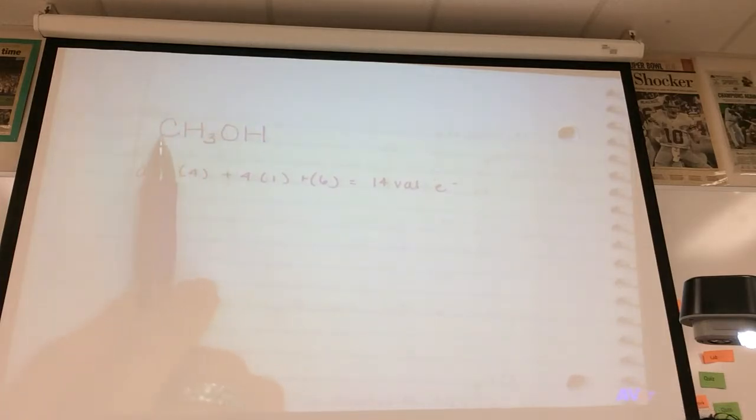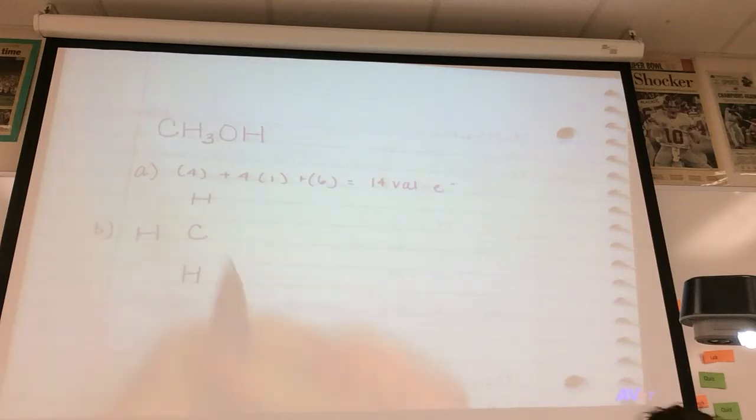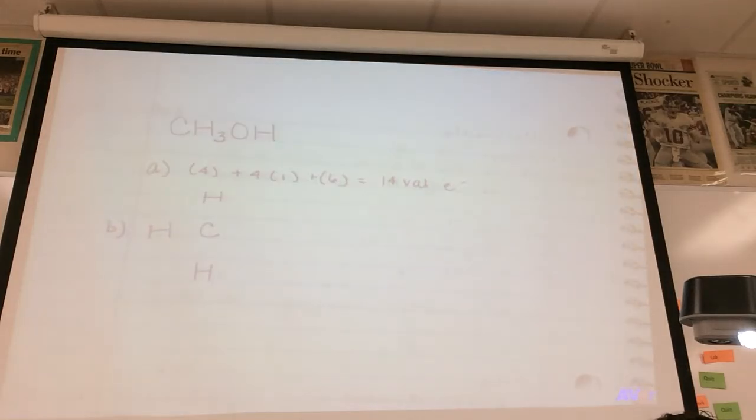Now, sometimes the way the molecular formula is written signals that the H's are going to link to the C's, or in this case, the 1 C. So you know hydrogen can't be central, so you're thinking C is central, and there's going to be 3 H's on the C. You know the other H has to be terminal as well, and perhaps the O is the other central atom.